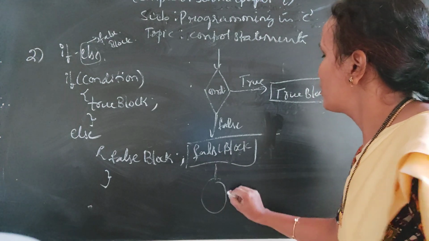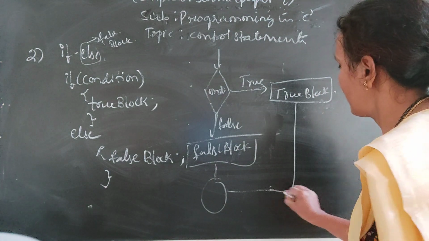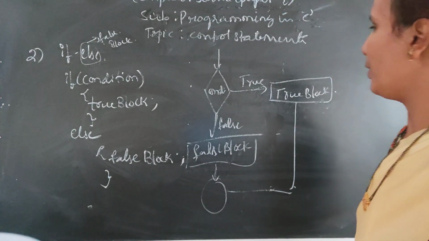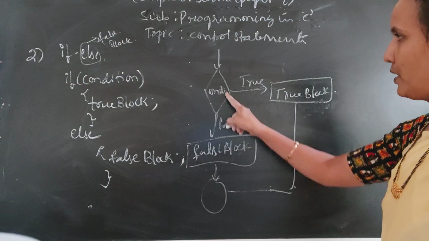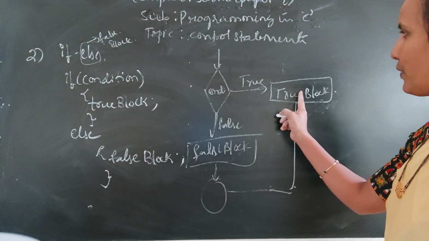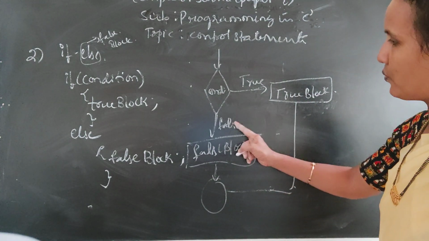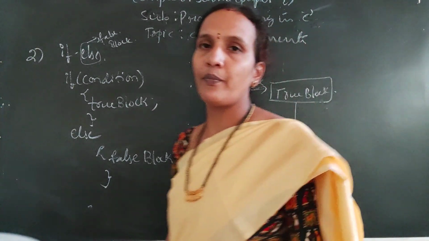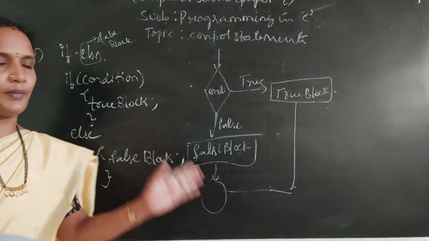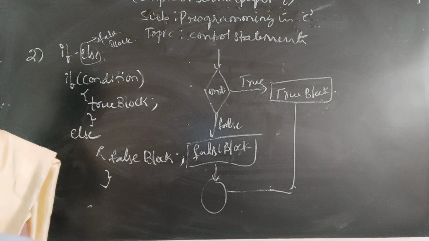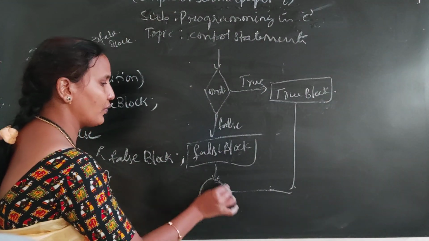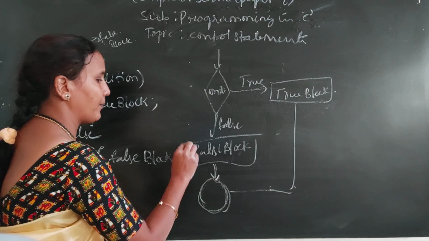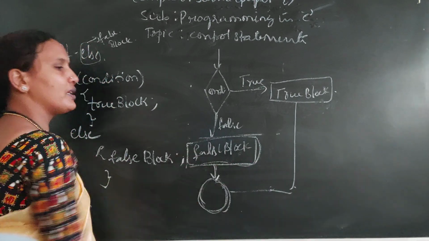Next, stop. After the true block, stop. If the condition is false, the false block will be executed, then stop. This is the flow chart. I have already explained it once; go through the flow charts. It's very easy. Symbols you need to remember.